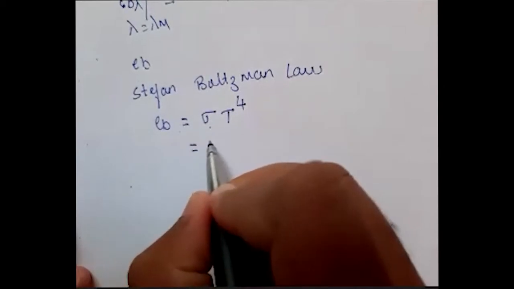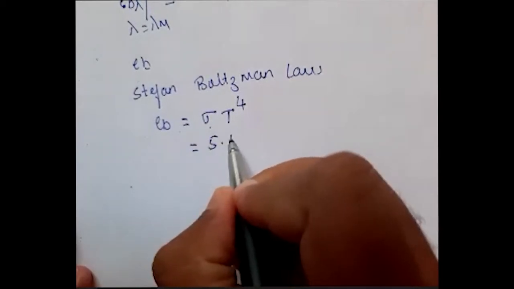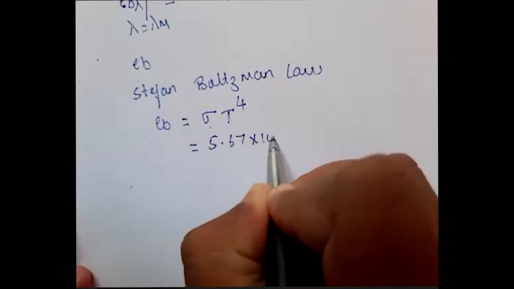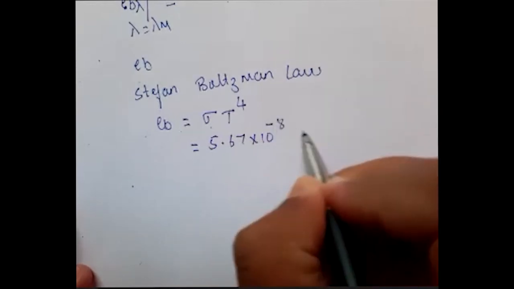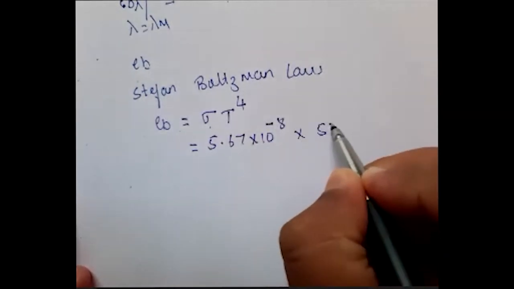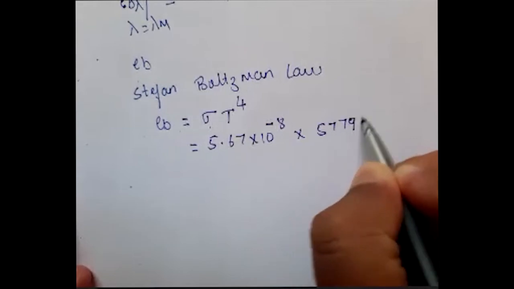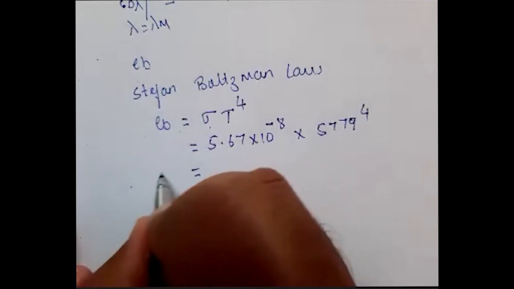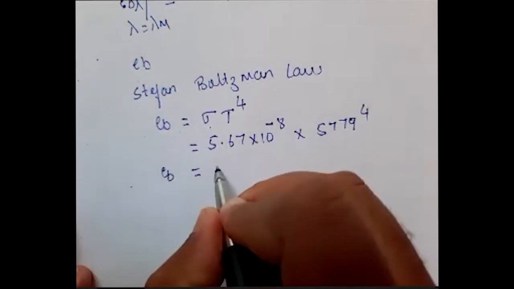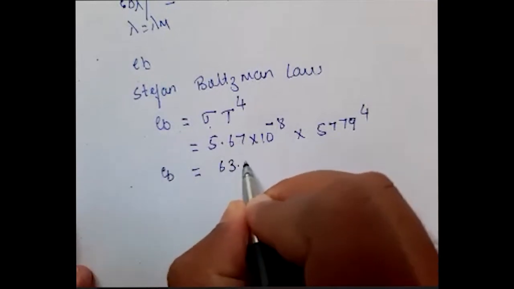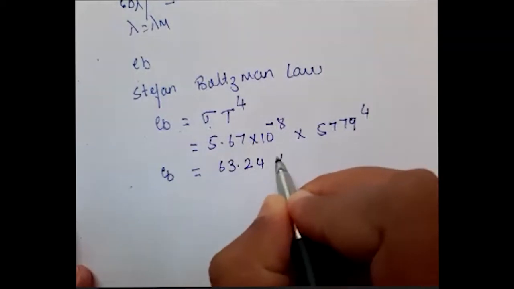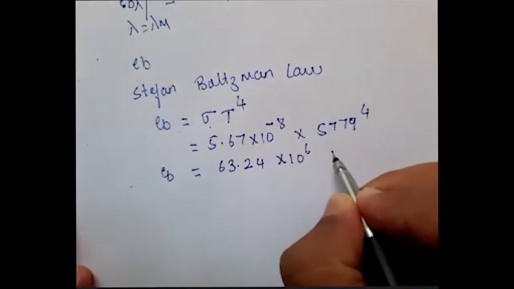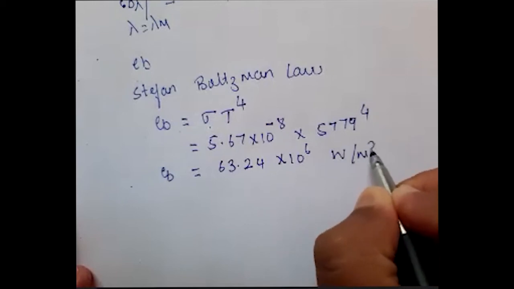So this is 5.67 into 10 raised to minus 8 into 5779 raised to 4. This EB comes to around 63.24 into 10 raised to 6 watt per meter square.